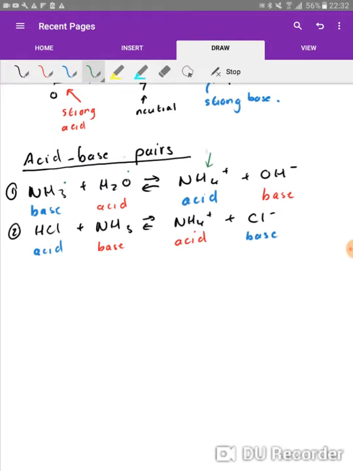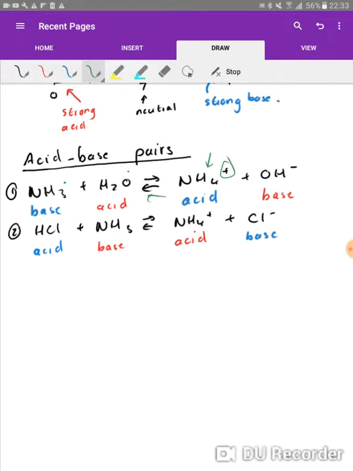NH3 wants to accept protons, so it accepted an H, and now we end up with NH4 plus. If we work backwards, this acid wants to donate. Going backwards this way, we find that this acid has lost a proton, and that's why it's the acid.